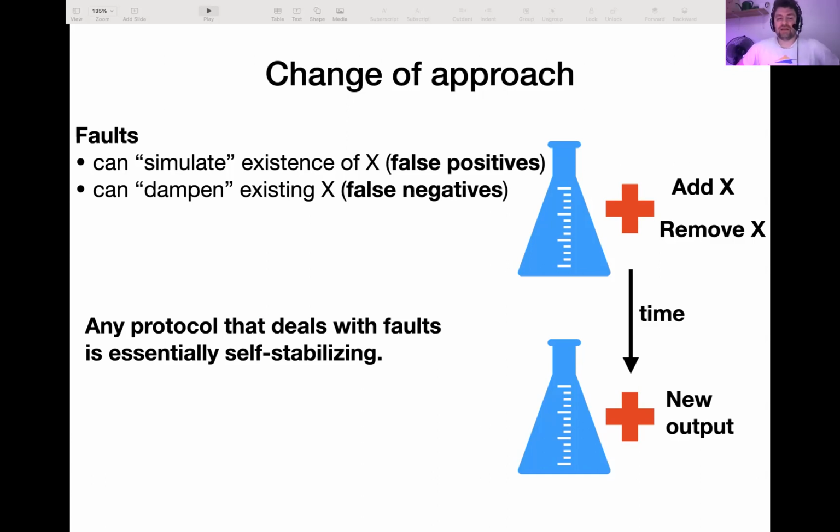Any protocol that deals with those types of faults has to be essentially self-stabilizing, because there will be false positives and we just have to recover from them. So our way of changing the way of thinking about the problem is that we have this soup of constantly reacting particles, and we either add a source of the rumor or we remove it, and we expect the protocol to adapt to it over time.